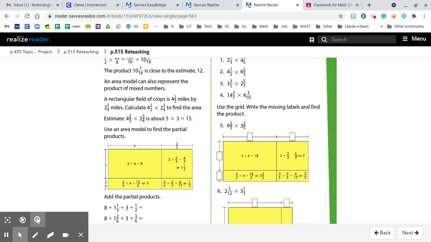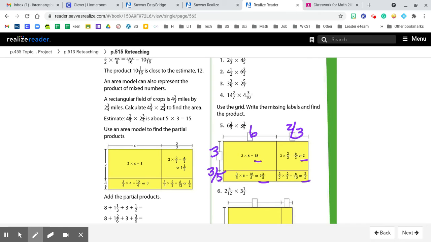Don't worry. Okay, use the grid, write the missing labels to find the product. So this is using the distribution property. We skipped this lesson because it's kind of silly. This is the 6 and 2/3, and this is the 3 and 3/5. Finding the product using the distribution property, you would add together 18 and 2 and 3 and 3/5 and 2/5.